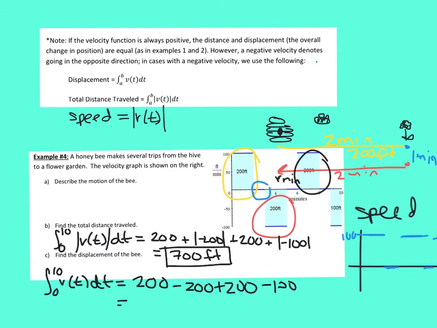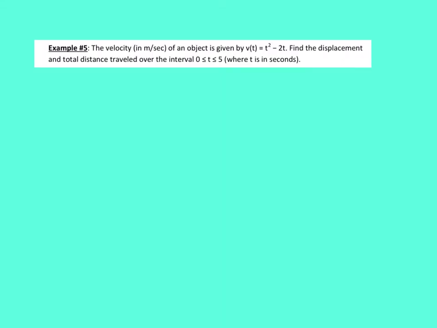And then that gives you 100 feet. So that's telling you that after 10 minutes, the bee is exactly 100 feet from where it started from. However, the total distance that the bee traveled in those 10 minutes is 700 feet.